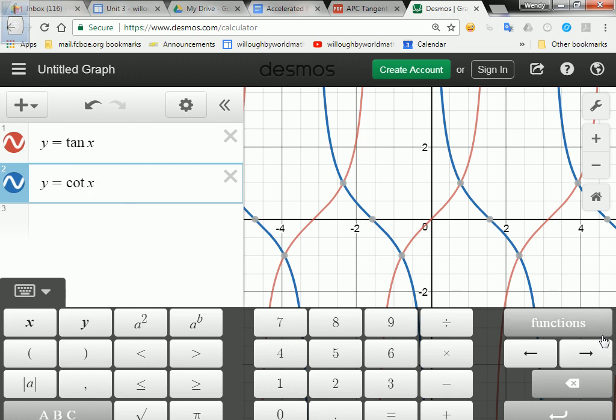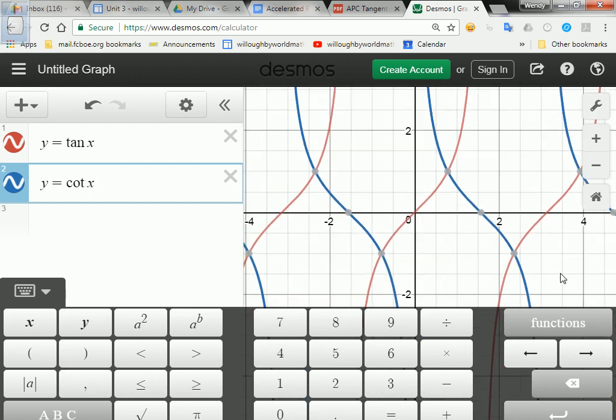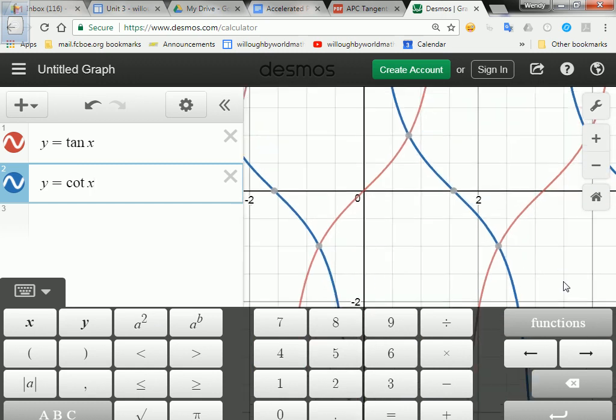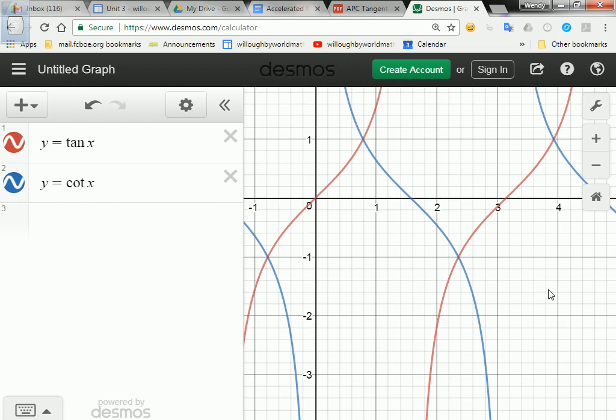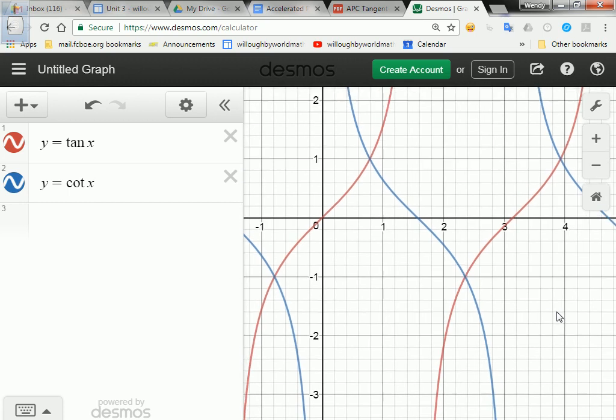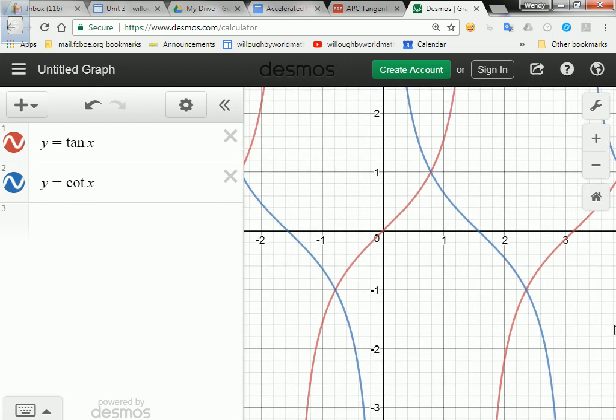Let's see if this makes sense. The one thing I can't do is switch this to radians. I wish I could.